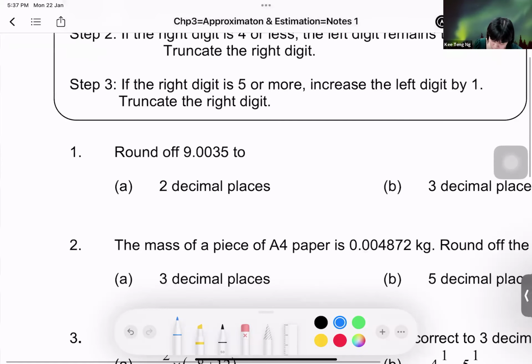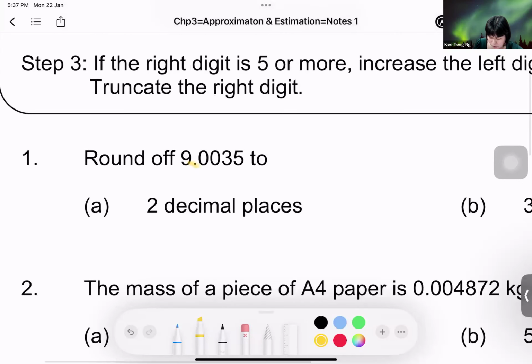So first, I definitely know that the number 9 is my first digit. This is my decimal, and where's the first decimal place? The first decimal place will be this 0. It is still in the first decimal place, just that the number is 0.